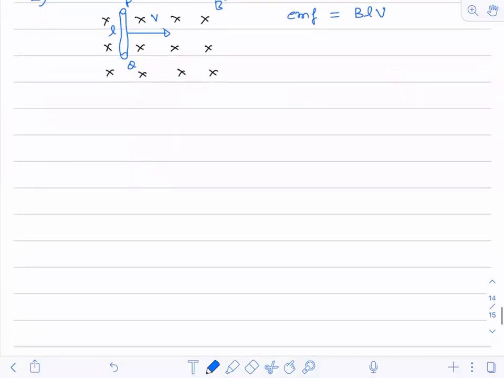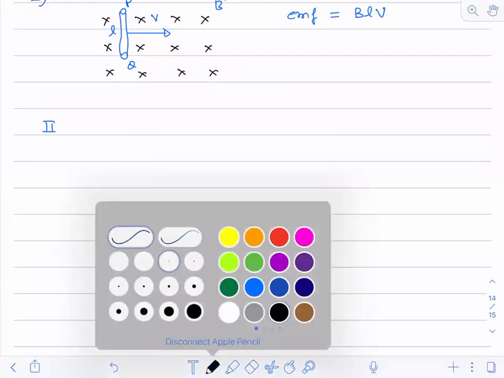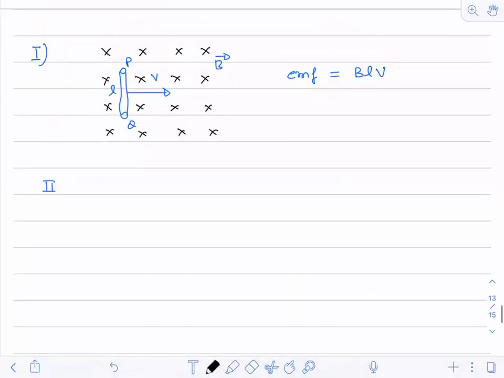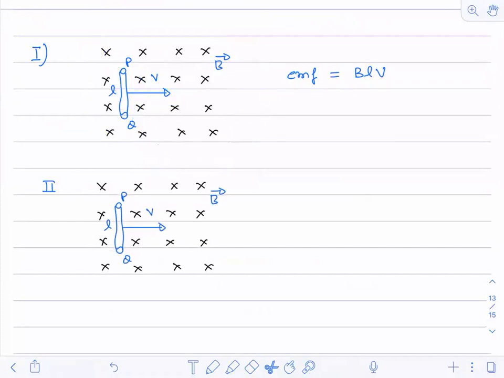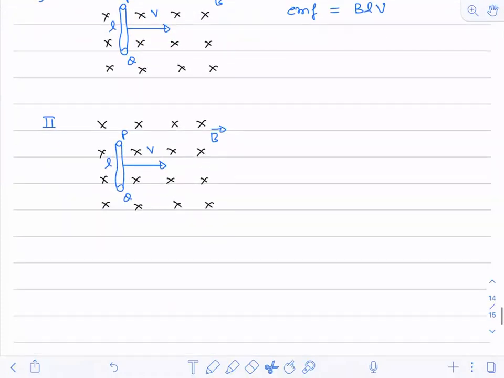Now in the second case, suppose we have a magnetic field like this, the same pattern of magnetic field lines.